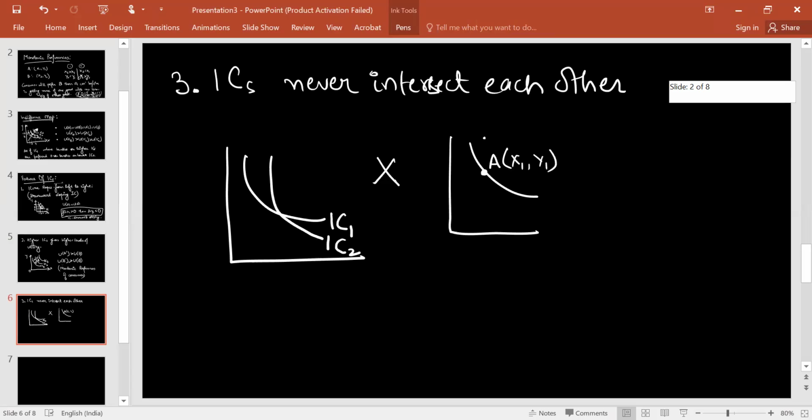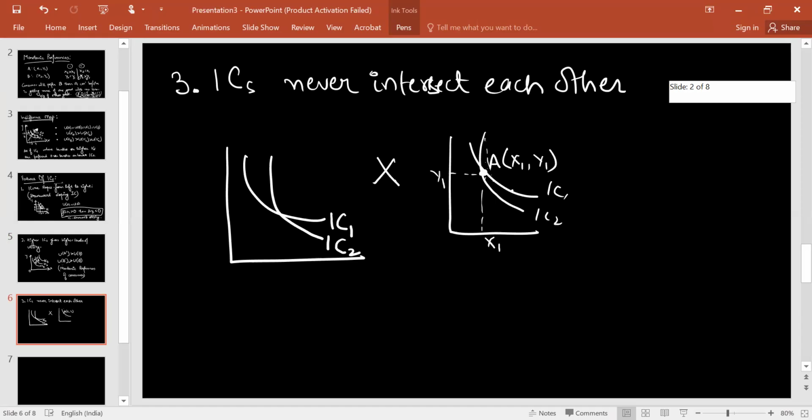Now, let's say I draw another indifference curve over here, IC1 and IC2. This is x1, this is y1.